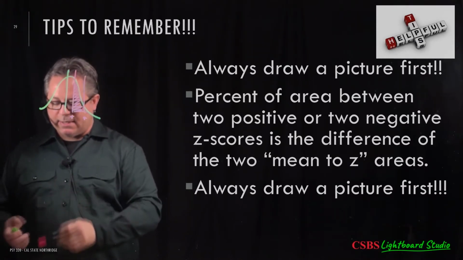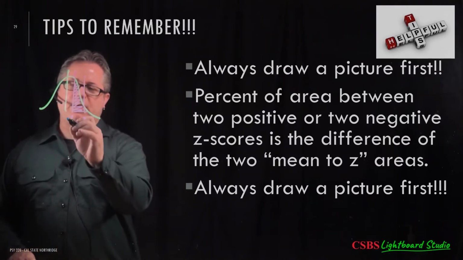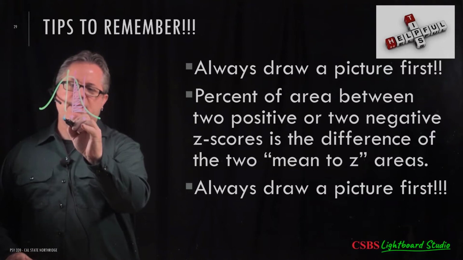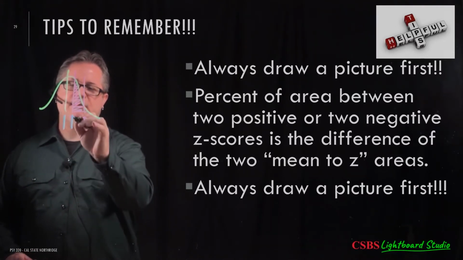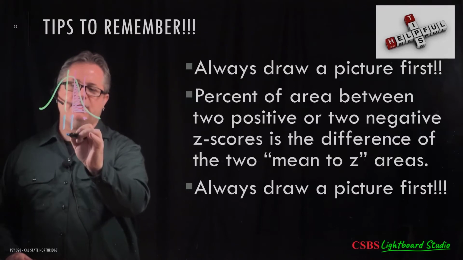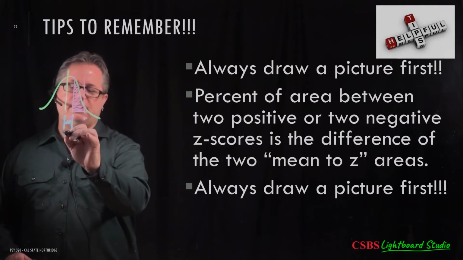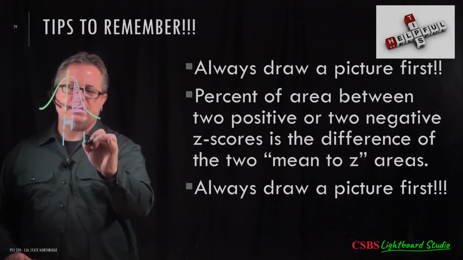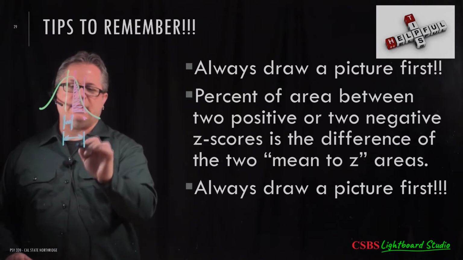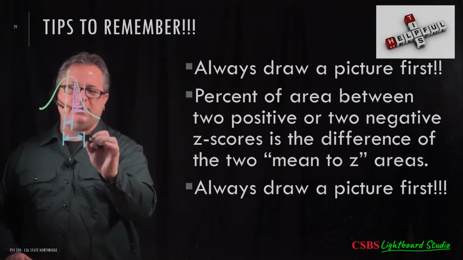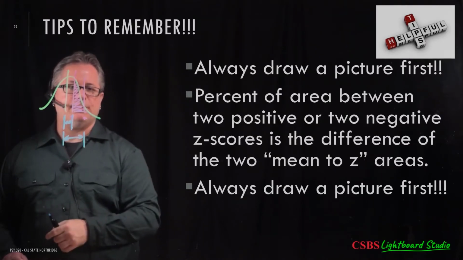I can find that by using the area that is the mean to this number. I can find this area between the two of them. And then I can also find the area from the mean to this number, this area. Then I can subtract those two, and it's going to give me the area that is in between the two positive numbers.